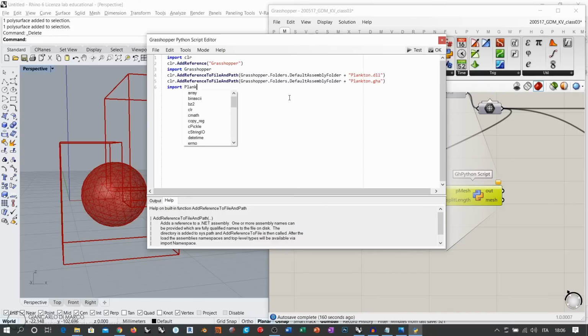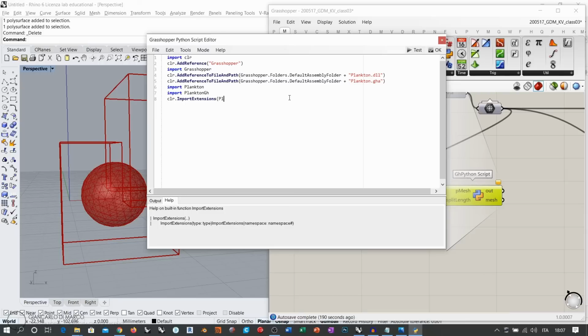Okay, so this is for finding these files, and now I want to import from these files the libraries, which are Plankton, import Plankton, and import PlanktonGH. And then we want also to make the extensions available inside Grasshopper, and so we clr.ImportExtensions, and this is going to be PlanktonGH.RhinoSupport.